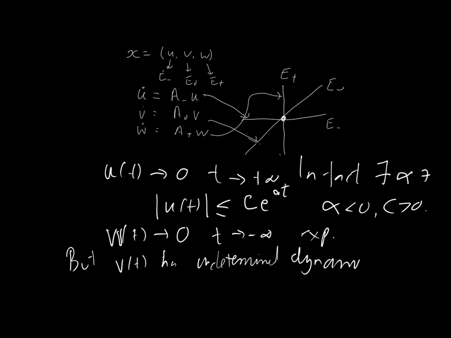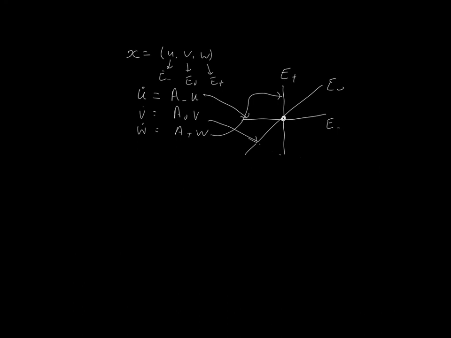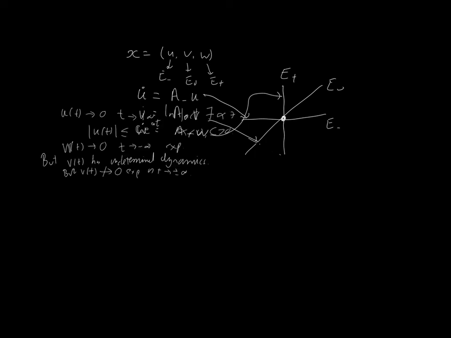It could do a number of different things, but we know it does not go to 0 exponentially as time goes to plus or minus infinity. But it may go to 0 algebraically.